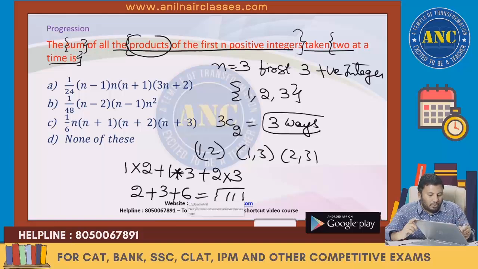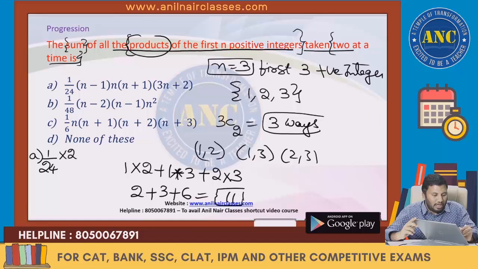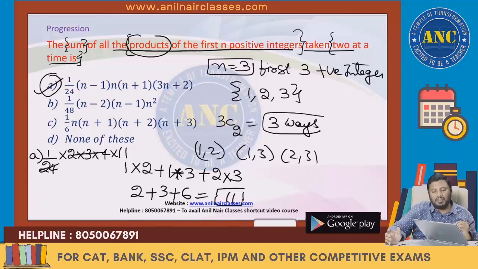So what is the value that I substituted? n equivalent to 3. If I substitute n equivalent to 3, I should get the answer 11. First option, 1 by 24 into 3 minus 1, 3, 3 plus 1 and 3 3s are 9 plus 2, which is 11. 24 cancels. Option A. Very, very easy question.